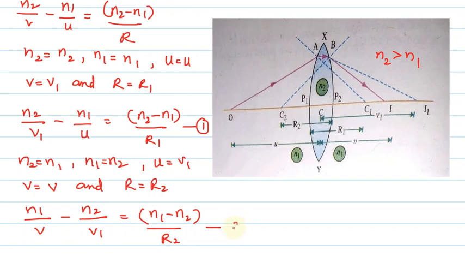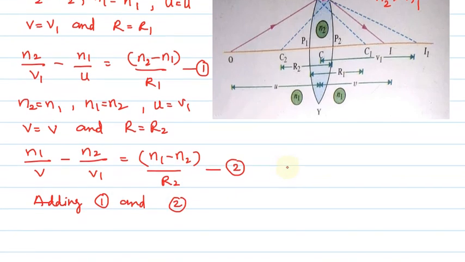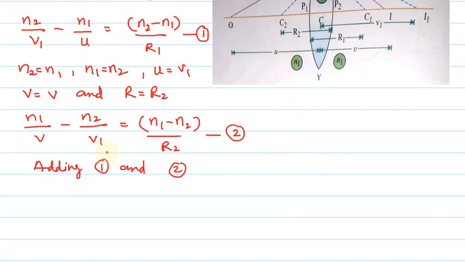Let me represent this as expression 2. Now let us add expression 1 and expression 2. Adding 1 and 2, let us add LHS to LHS and RHS to RHS.